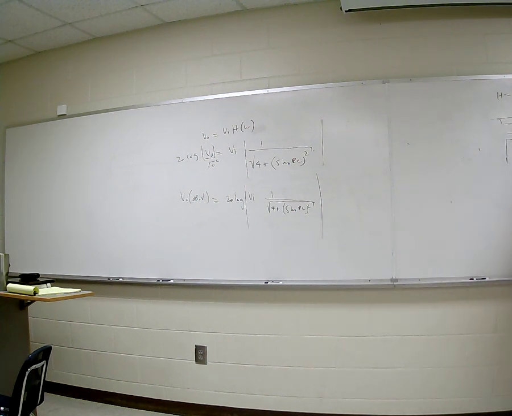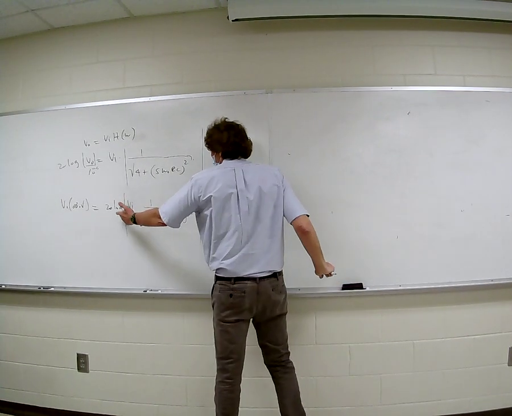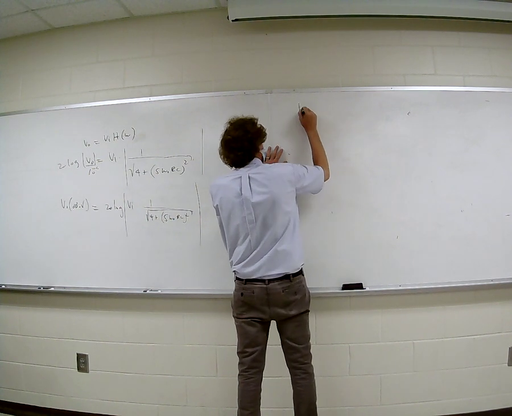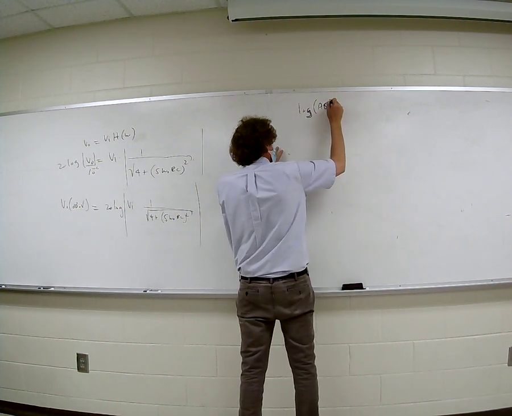I want to make sure you all see this. Just take a look. Well, if I have the log of two numbers, what is log, I say this over and over again, of A times B, anybody?